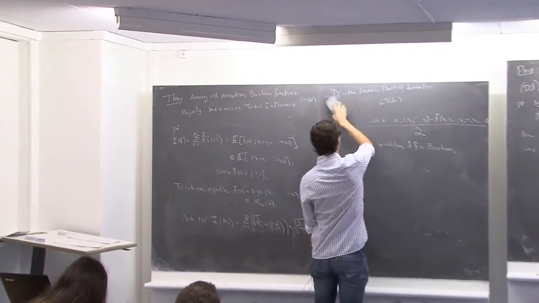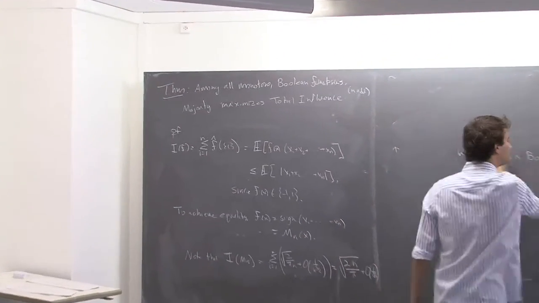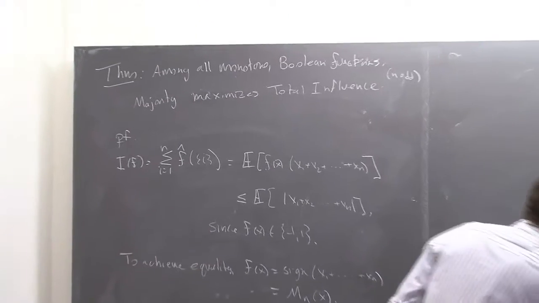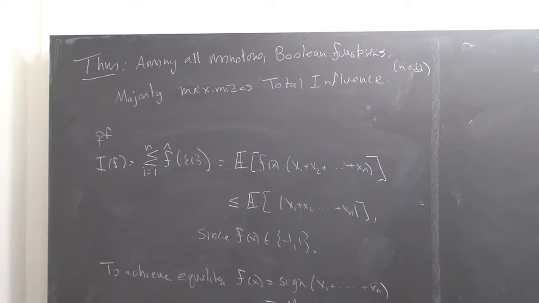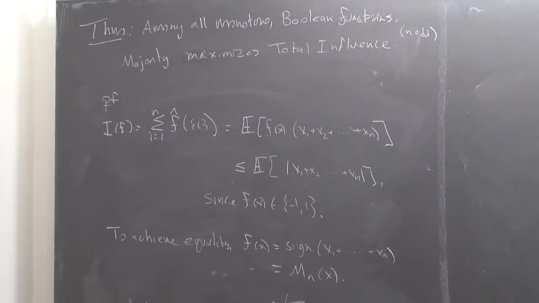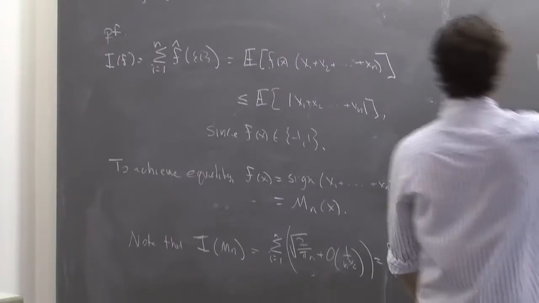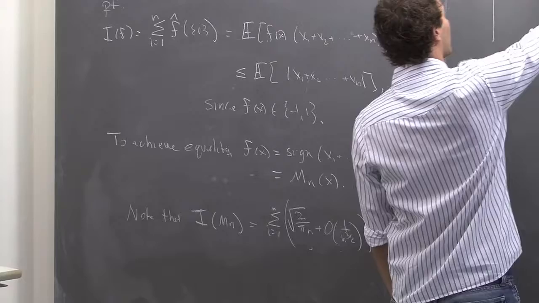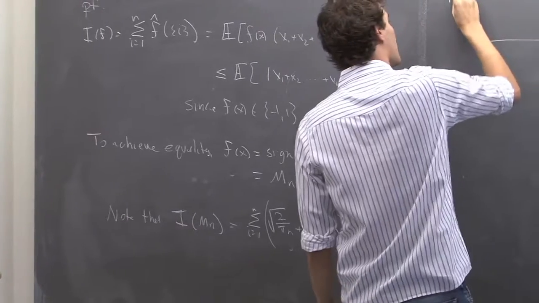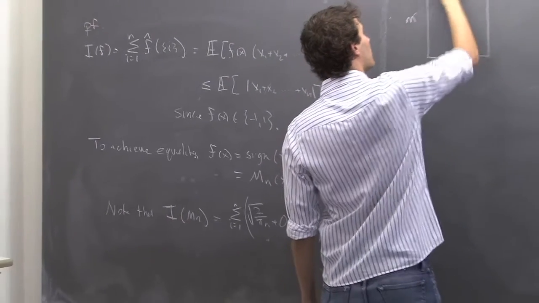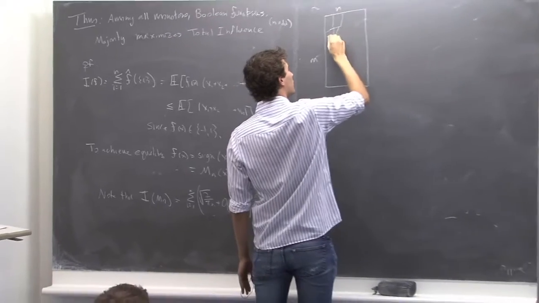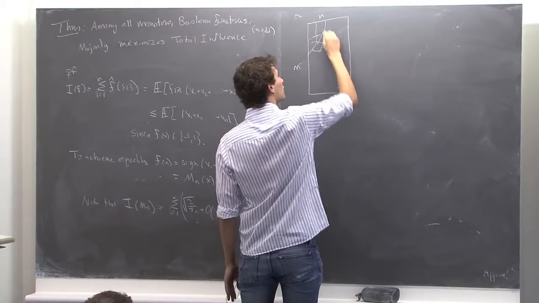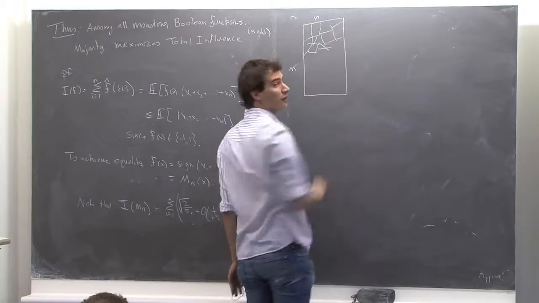Now, therefore, let's consider the following situation. Consider percolation on an arbitrary graph with n edges. So let's say I have some rectangle, an m by n rectangle, and some completely awful arbitrary graph here.